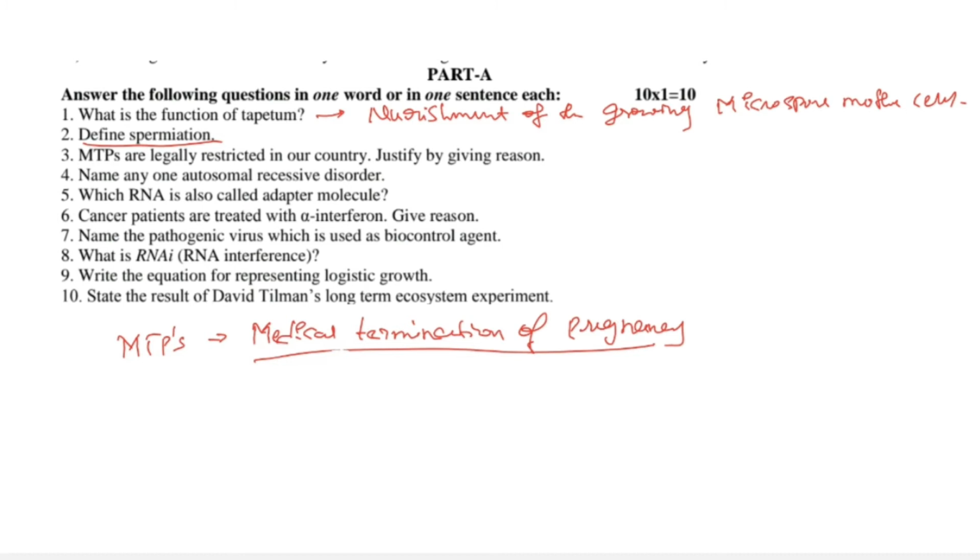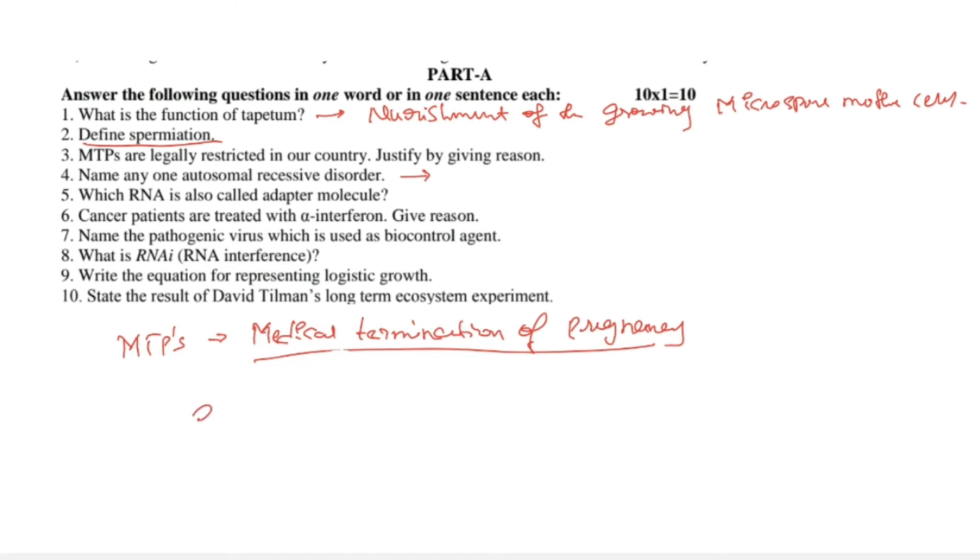Let's move to the next question, that is: name any one autosomal recessive disorder. There are three different disorders in your syllabus of autosomal recessive. What is autosomal recessive? There are two types of genes, right? One is allosome and another one is autosome.